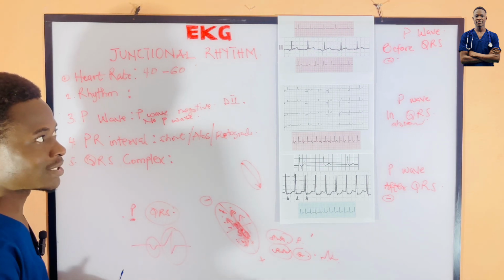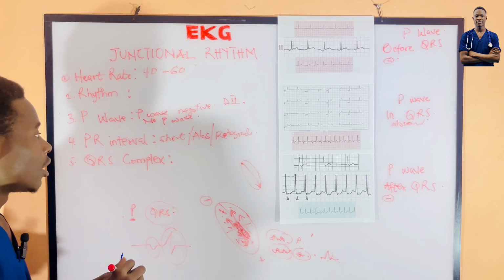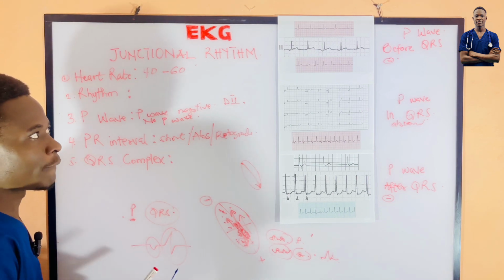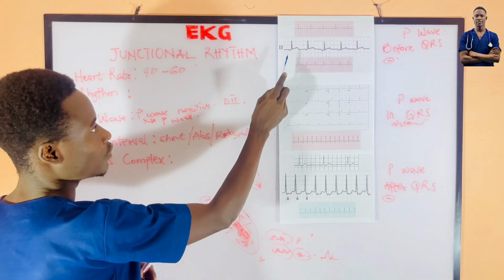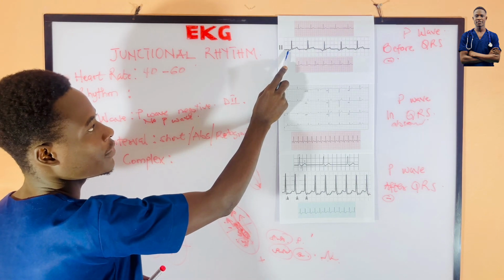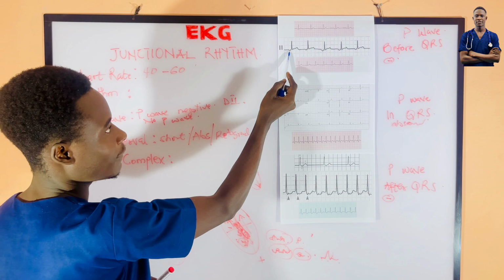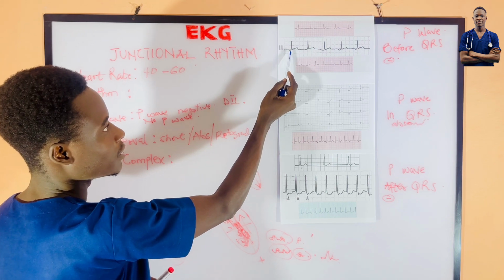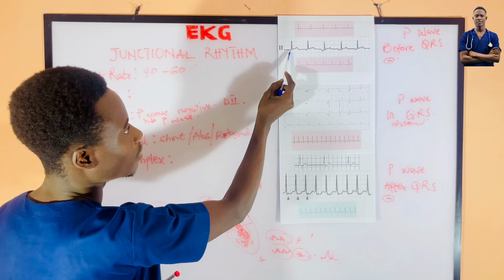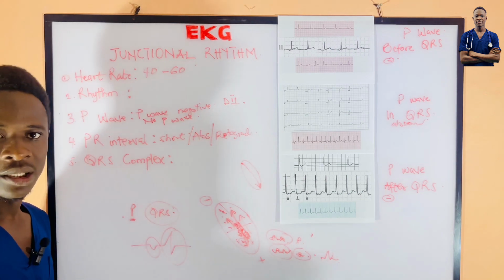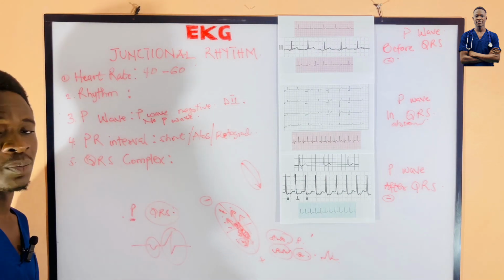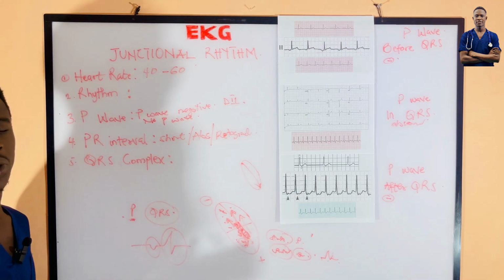So you see it as a very short PR interval. Now let's look over here. The PR interval is very, very short. We have 1, 2 boxes for the PR interval, which is very short.